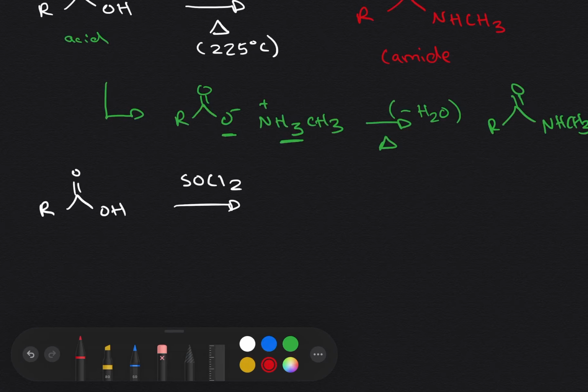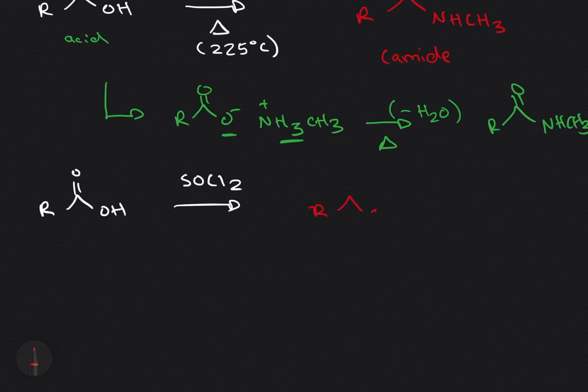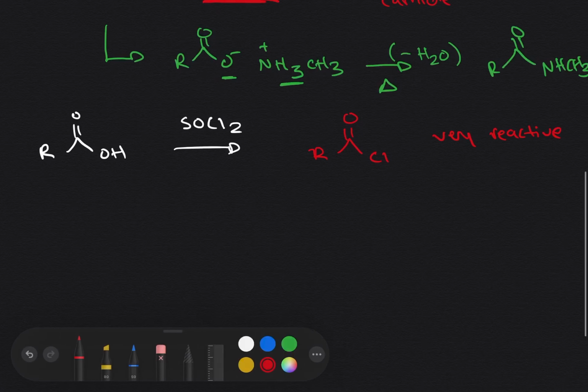And all that's going to do is convert us to an acyl halide, which, if we remember, acyl halides are very reactive. They'll react with just about anything. So from there, you don't have to worry about doing these extra steps like adding a bunch of heat, because now you've got your acyl halide that's going to react with just about anything. So that's really it for our reactions there.